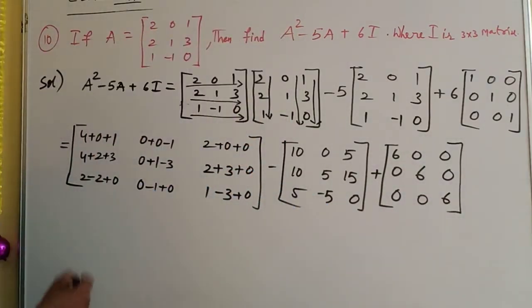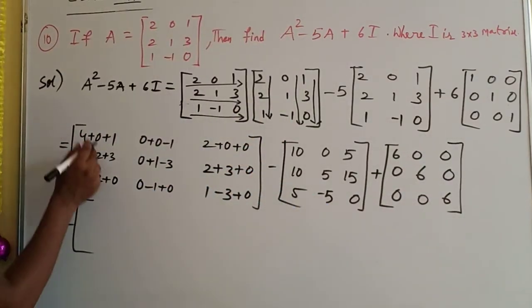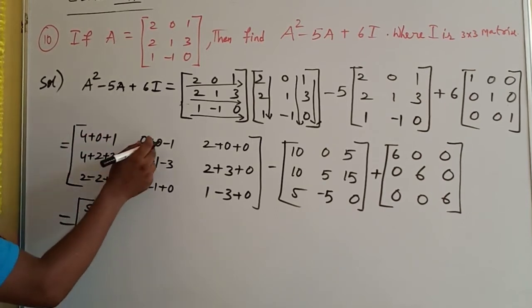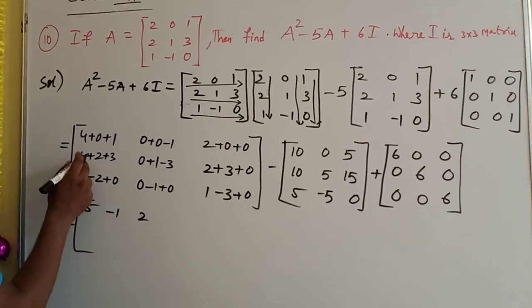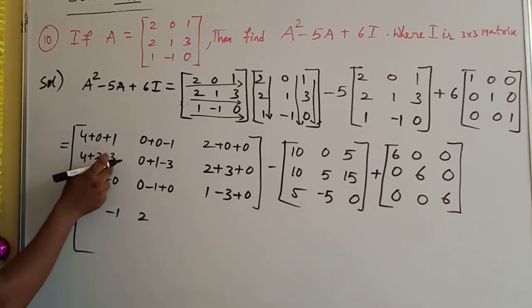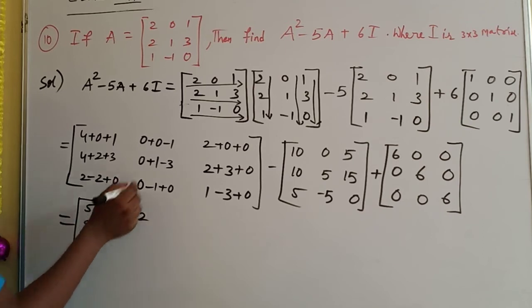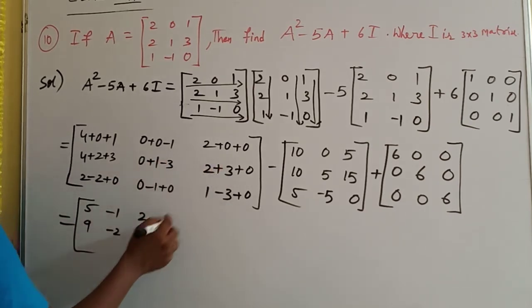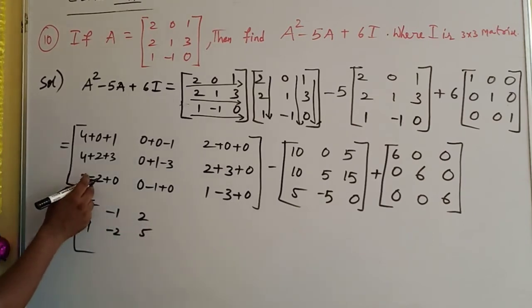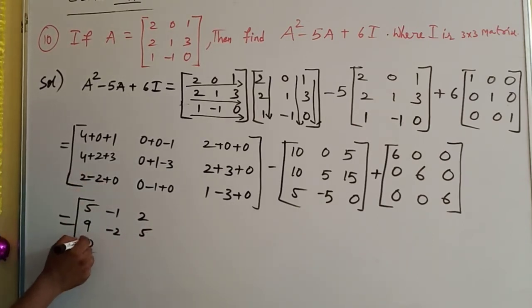Very simple. Now 4 plus 1 is 5, 0 0, minus 1 means minus 1, 2, 4 plus 2 is 6, 6 plus 3 is 9, minus 3 plus 1 is minus 2, 3 plus 2 is 5, minus 2 and plus 2 becomes 0. This is minus 1.